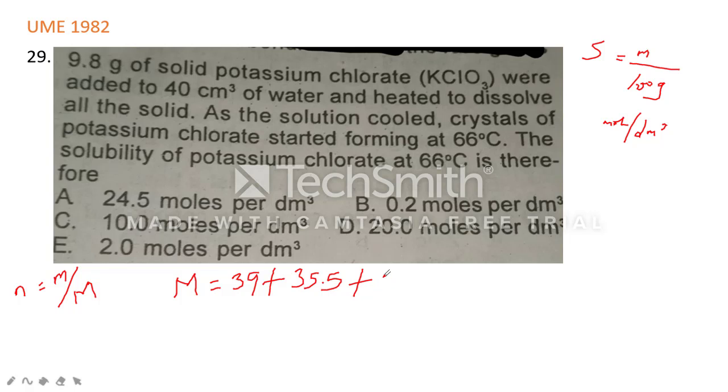There are 3 atoms there, so we have 16 times 3. We figure this out, then we'll be able to get our final answer. 16 times 3 is 48, plus 35.5 is 83.5, plus 39 is 122.5. So I've got 122.5 grams per mole for the molar mass.